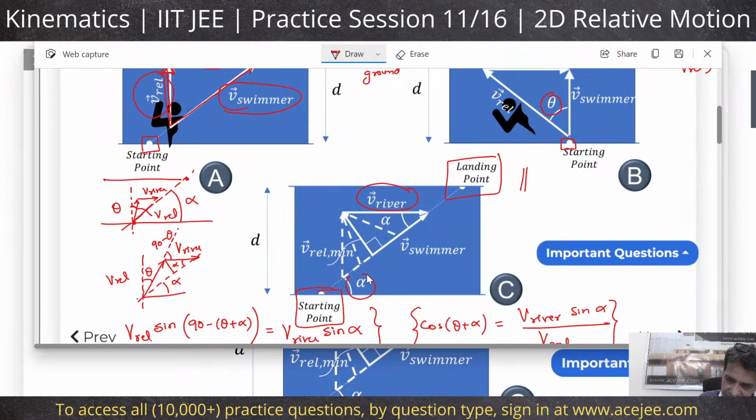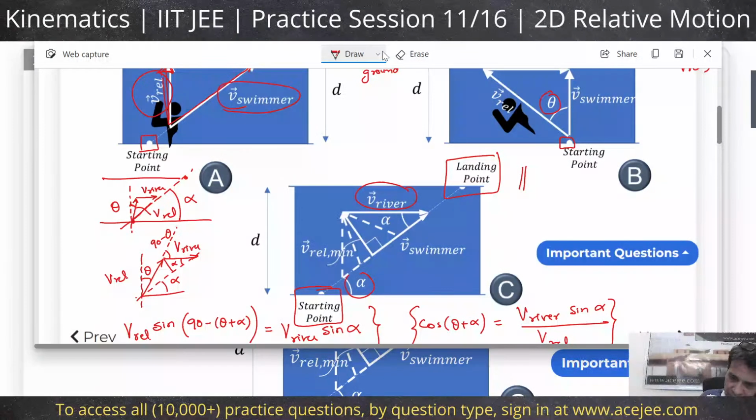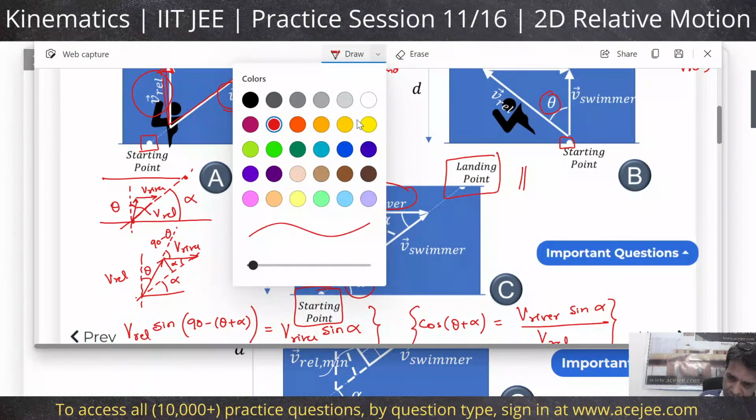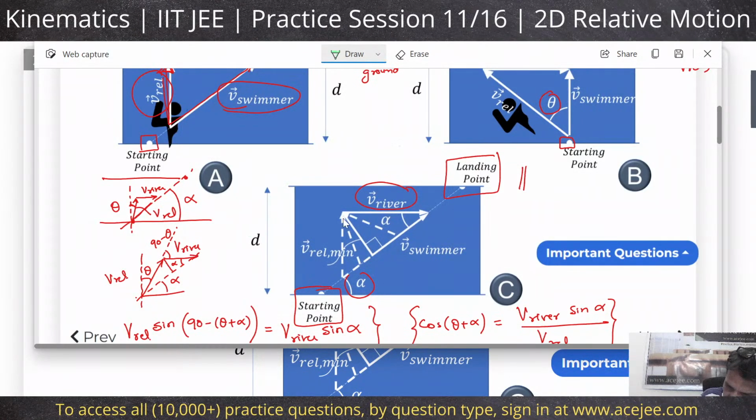Now, the interesting thing is, to travel in this direction, the swimmer can swim in different ways, right? Let me use a different color, perhaps a lighter color. Let me use light green. He can swim off like this.